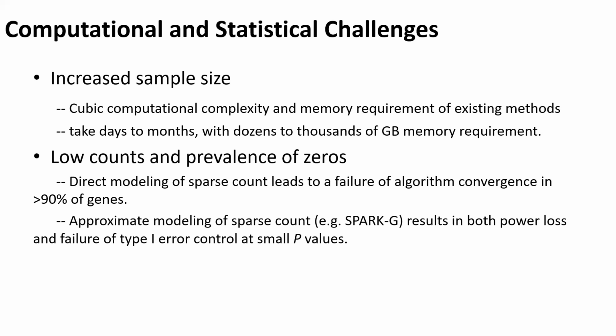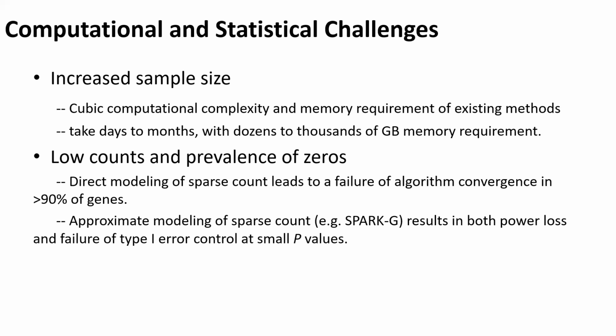The second issue is the low counts, the prevalence of zeros. We try to model the counts directly with Poisson and negative binomial, which is fine with small sample size. But once you have a large data set with a lot of zeros, it will fail this algorithm.